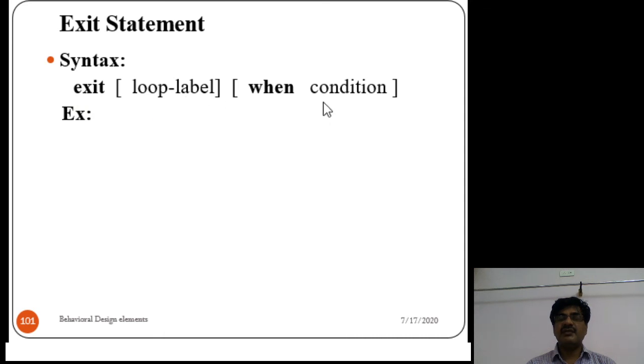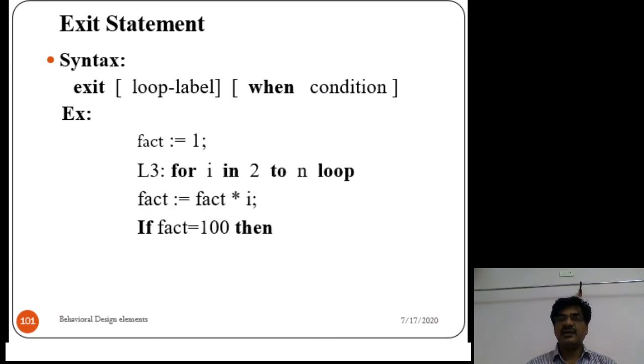The label name and when condition are optional. Exit label name means which loop you need to exit, from which loop you need to jump. Then when condition, if that condition is satisfied, then it exits. Like that, the exit statement can be used.